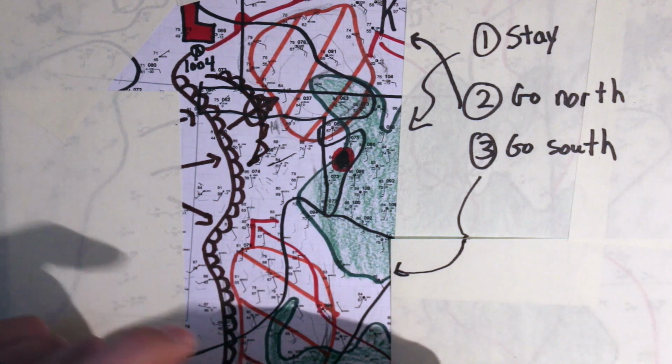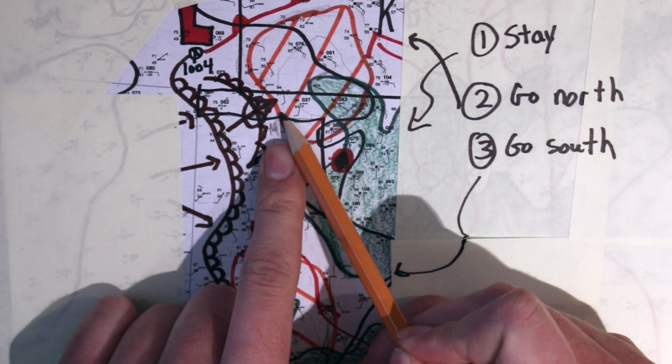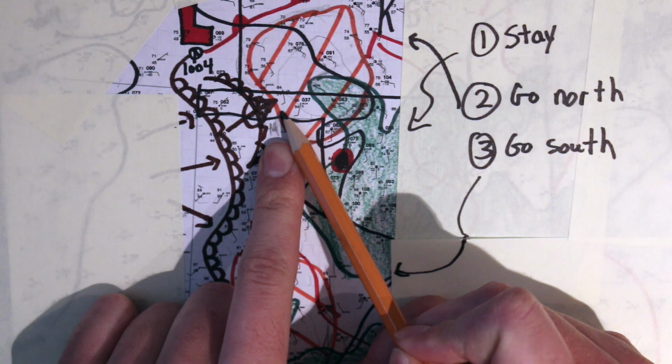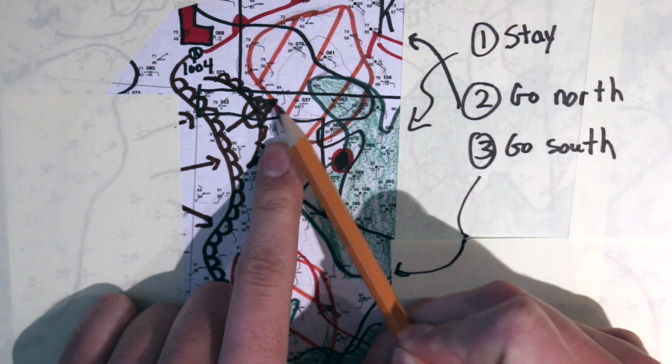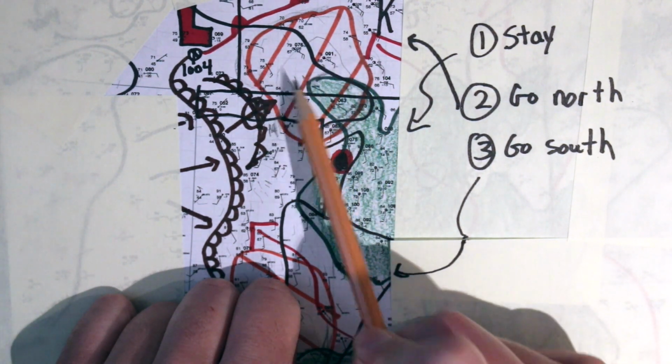Which means our target area here is set in stone, almost, because the dry line will be here, storms will occur in this area.